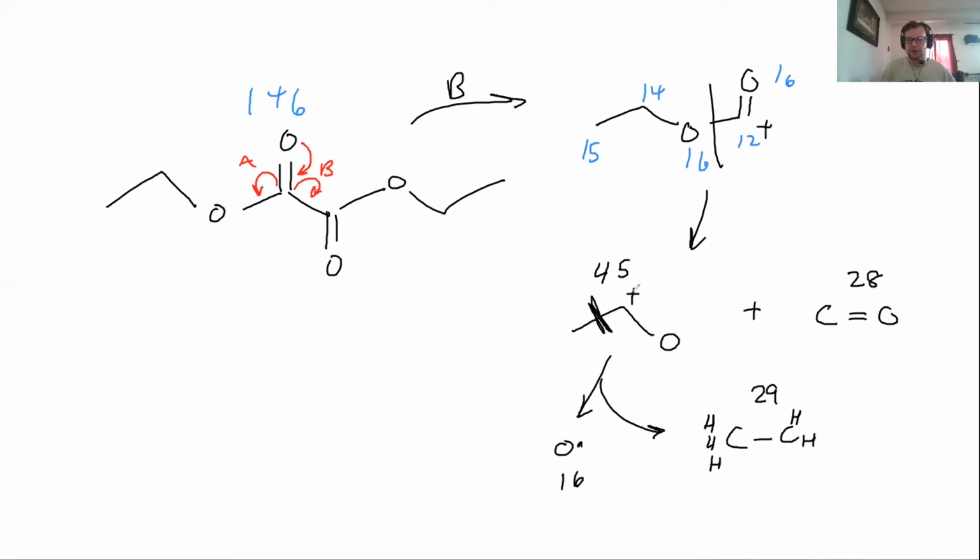So that's homolytic cleavage, right? An electron is going to go both ways and split that way. And what we'll get there is a carbon ion, so 15 or 14 or 13. So just a carbon by itself.